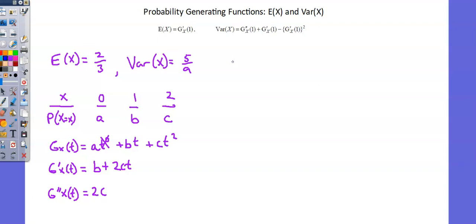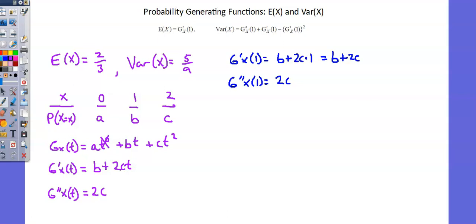We can further simplify because we're focusing on inputs of 1, so we can replace t with 1 in the first derivative. Input of 1 gives us B plus 2C times 1, which simplifies to B plus 2C. And in the second derivative, similarly, an input of 1, we simply remain with 2C. Notice in the second derivative there is no variable.